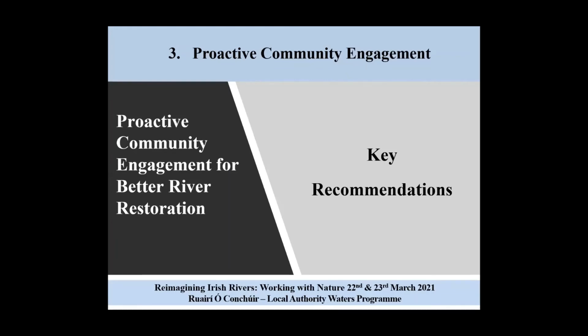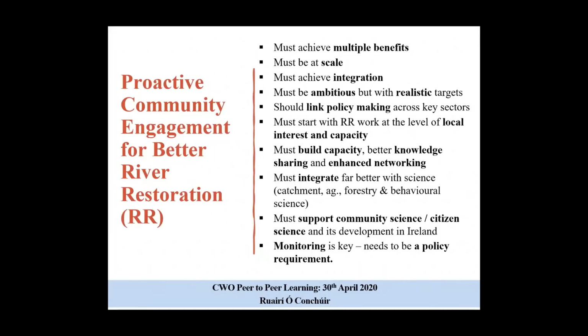Some of the key recommendations in terms of proactive community engagement that I'd certainly have is you need to build partnerships. You need to look at the multiple benefits. You need to look at scale. You need to look at how integration can occur. You must be ambitious, but you also must be realistic in terms of targets. It's critical that when you're working either at a local sub-catchment level or at a catchment level, you work according to the capacity of the parties involved.